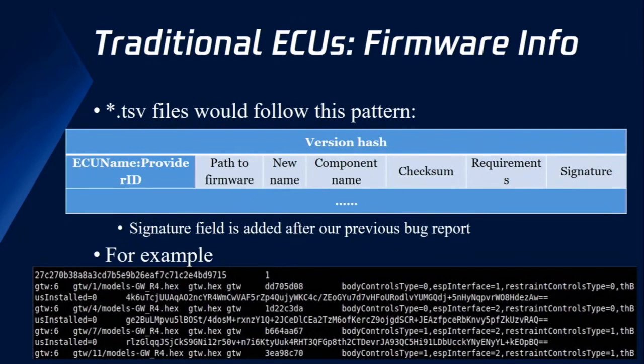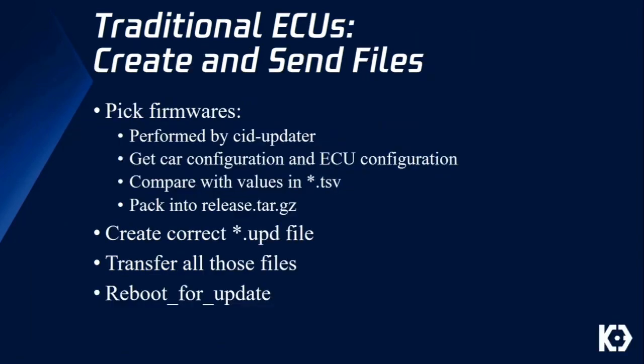So, after all those words, finally, how the file is created and sent to the gateway. Finally, the CID updater will pick up firmwares from the firmware bundle. And the CID updater will first get the car configuration, either 4W car, either expensive or inexpensive, and some other configurations if possible.